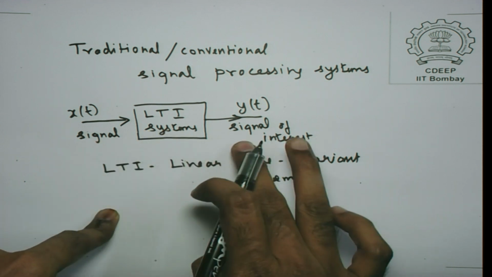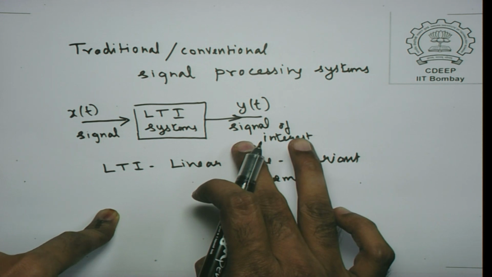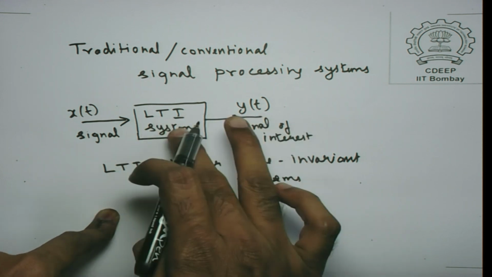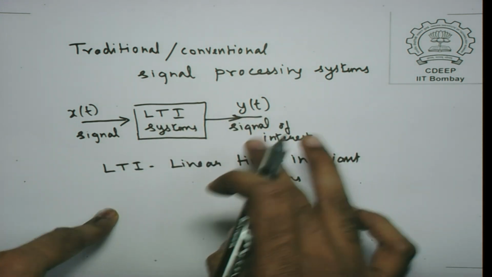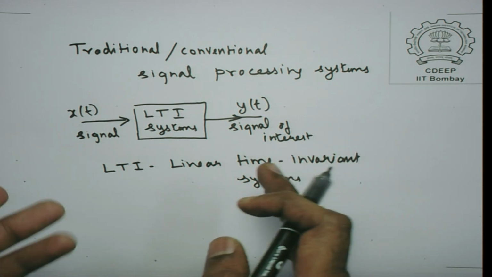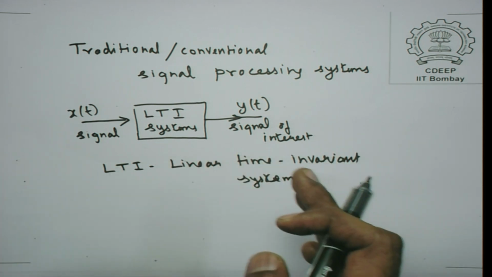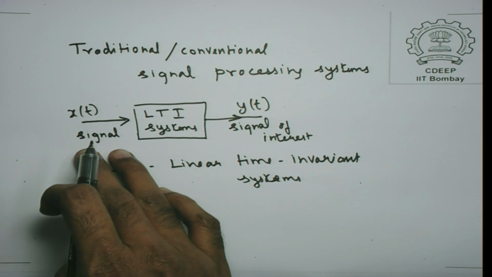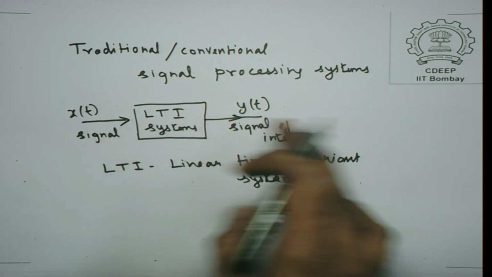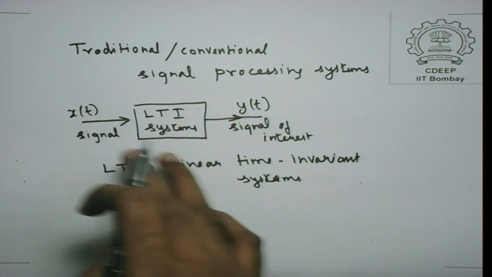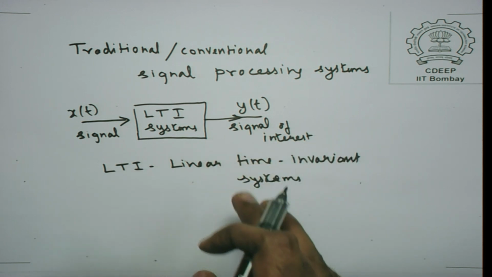Depending on the applications you are interested in, you could design such systems to get outputs such as filtering certain frequency components from a signal which has more frequency components, which typically is a filter, and this is what we are more used to.